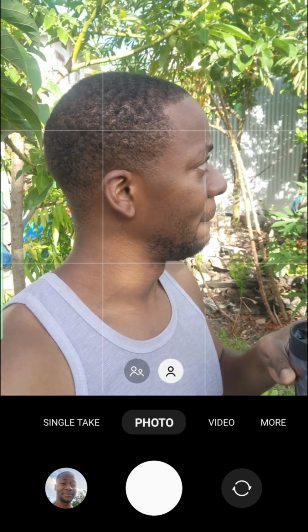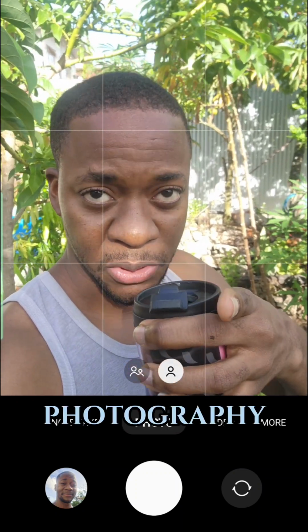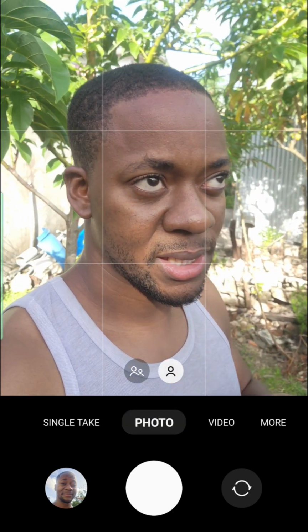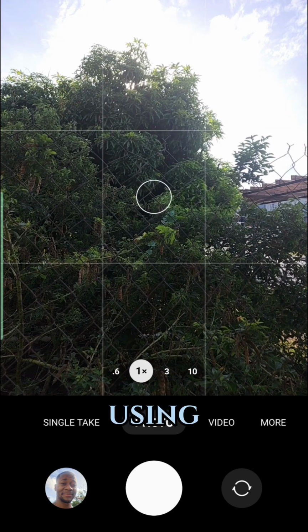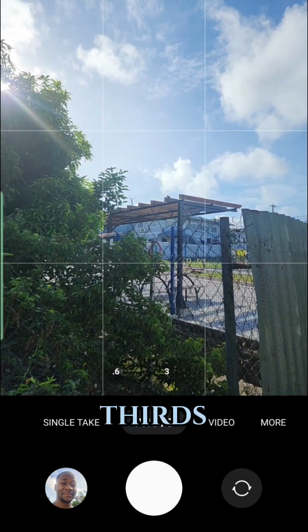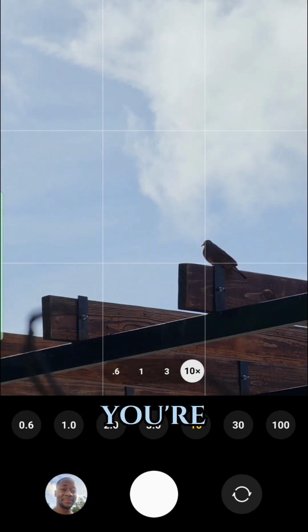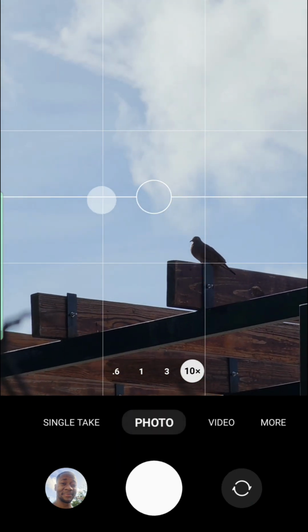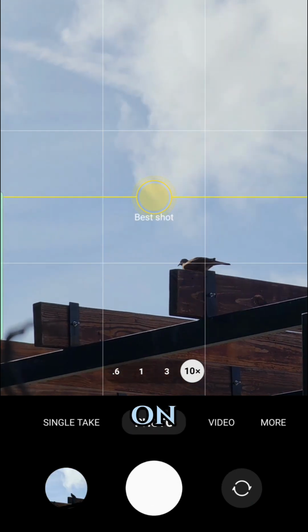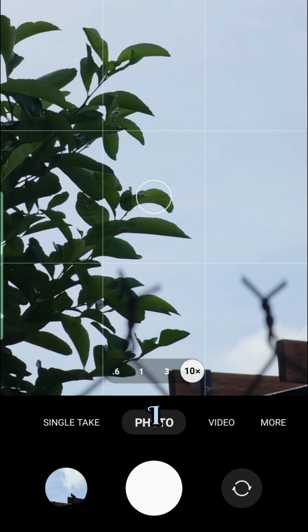Today, we're in the wild, in my backyard, and we're going to learn about photography. Today, in photography, we learn about composition, where we are using the rule of thirds. There's a bird here, out in the wild, and if you're taking a picture of him, boom, snap, on the first corner, I think he's camera shy.